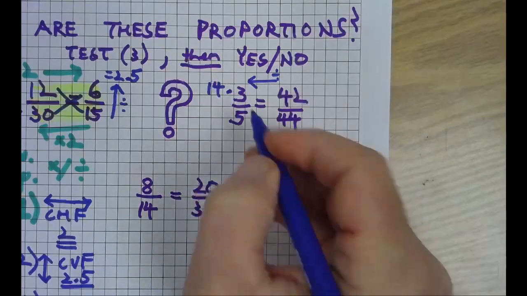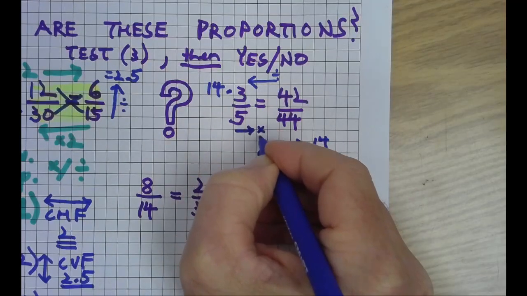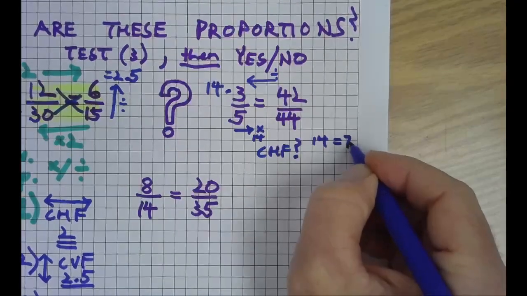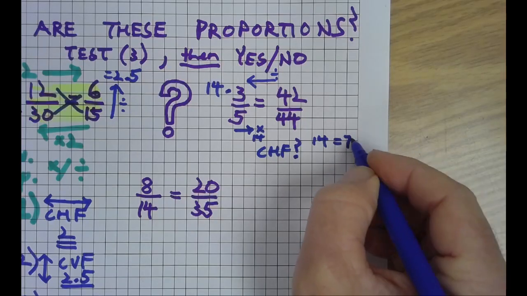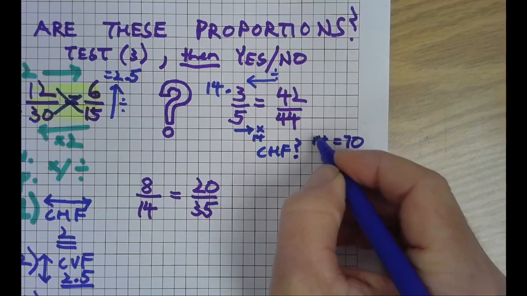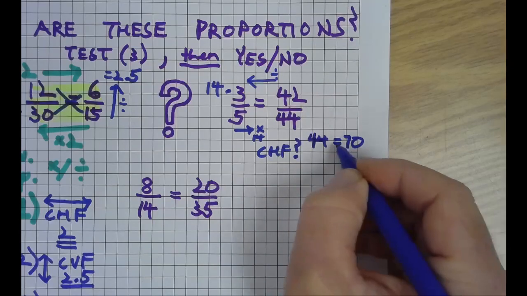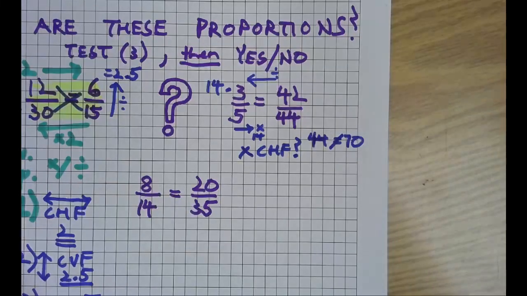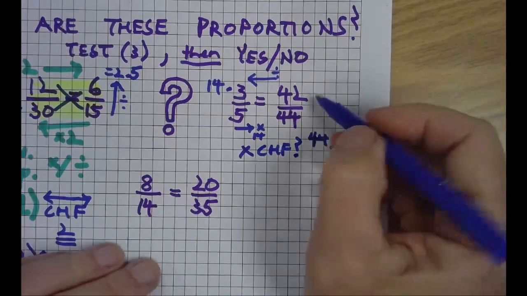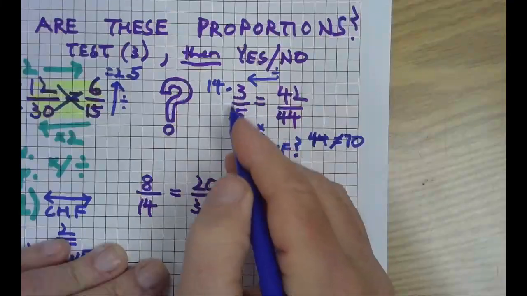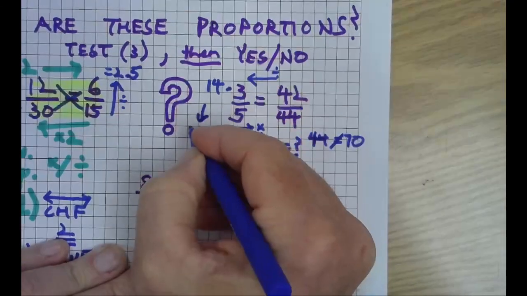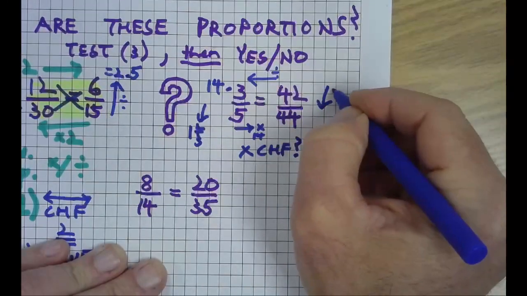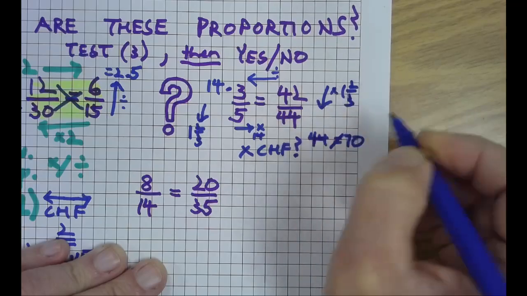If this is a proportion, I should be able to go this way and multiply by 14. But the thing is, 5 times 14 is 70. And 70 does not equal 44. So we failed there. You can guess we're going to fail everywhere, because whatever I'm multiplying 3 by to get 5, which is 1 2/3, if I multiply 42 times 1 2/3, I get 70.